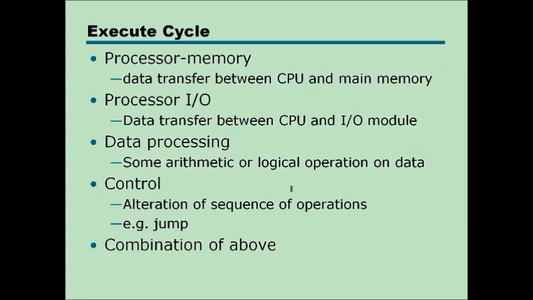Then data processing: some ALU and logical operation on data. Next is control, which is the alteration of the sequence of operations. And the next is a combination of the above. So this is the execute cycle: processor-memory, processor-I/O, data processing, control, and the combination of all.